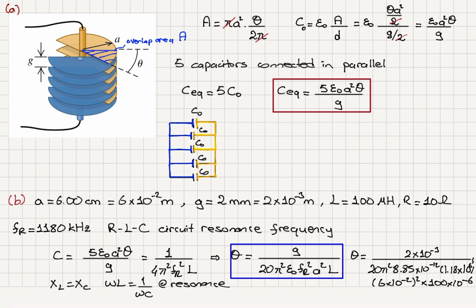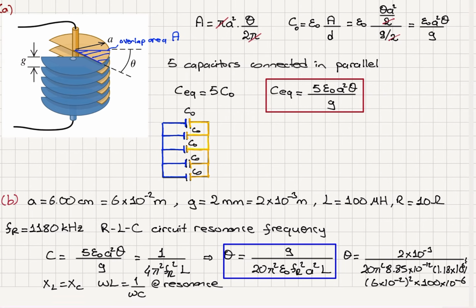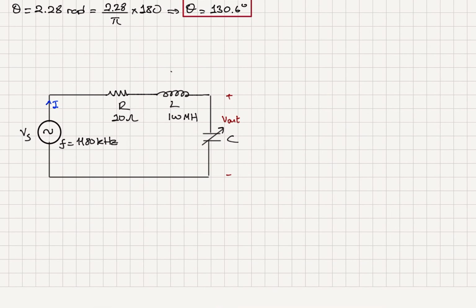So theta is G times 20 pi square epsilon 0 A square FR square times L. So substituting the numbers, we find 2.28 radians, or converting to degrees, divided by pi and multiplied by 180, 130.6 degrees.